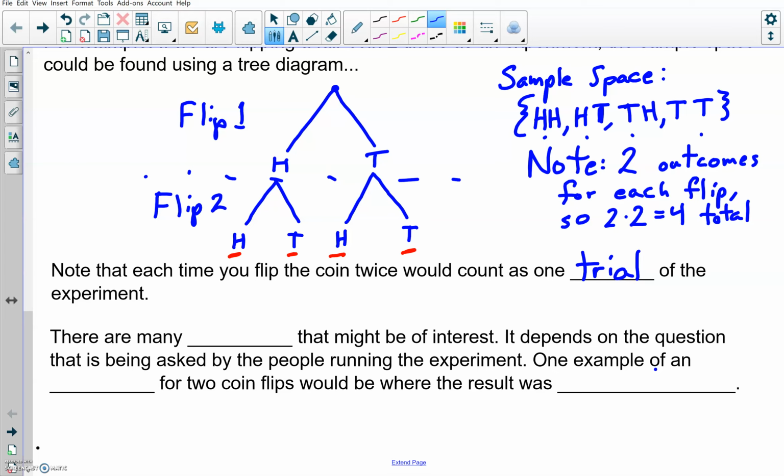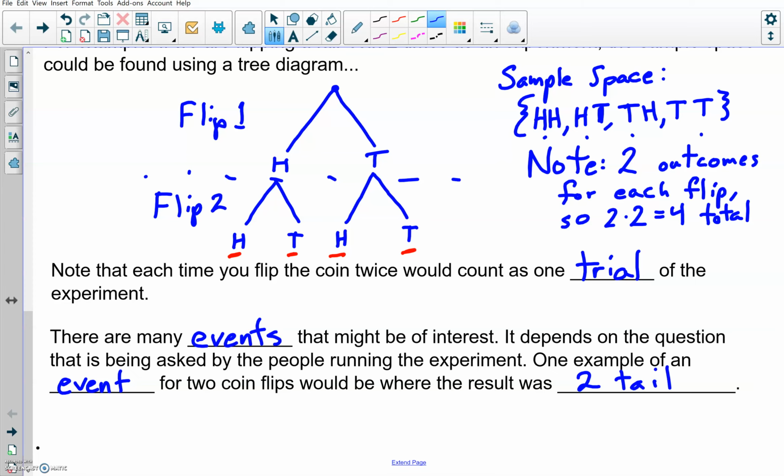All right, now getting to the events, there are many events that might be of interest. And it depends on the question that is being asked by the people running the experiment. So one example of an event for 2 coin flips would be where the result was 2 tails.